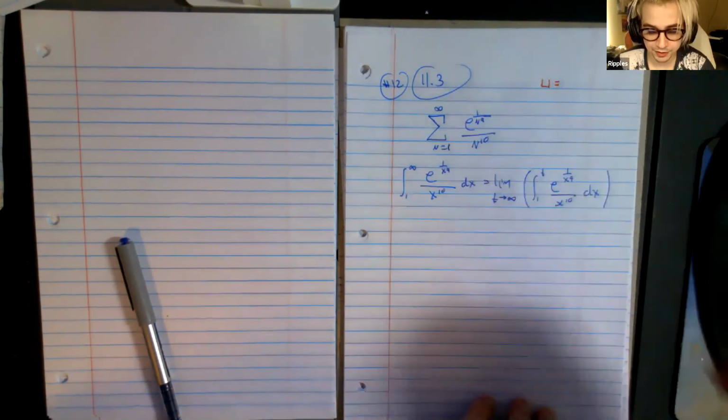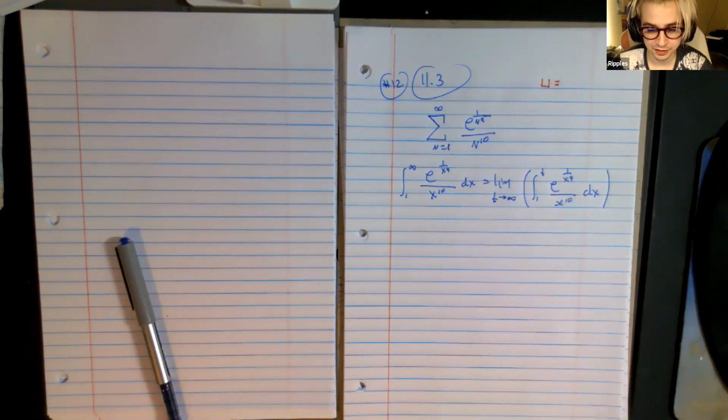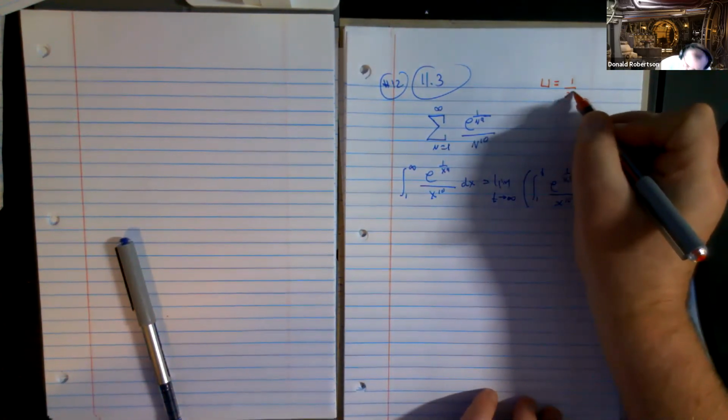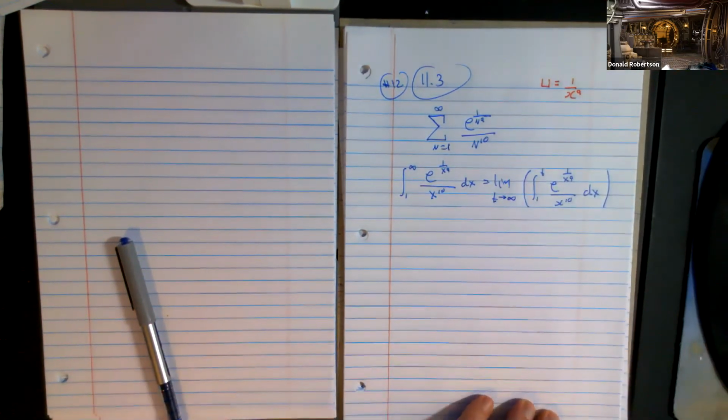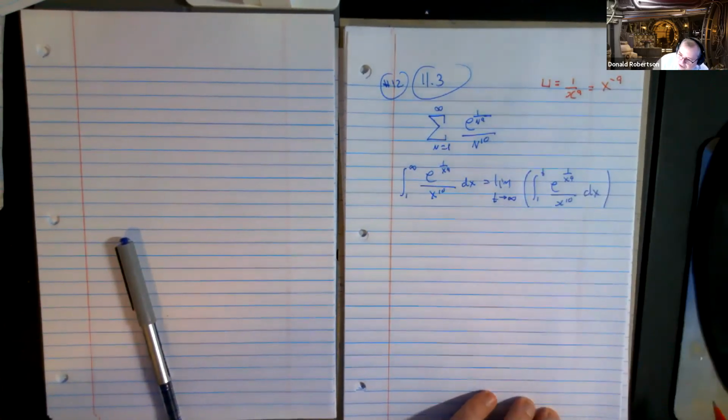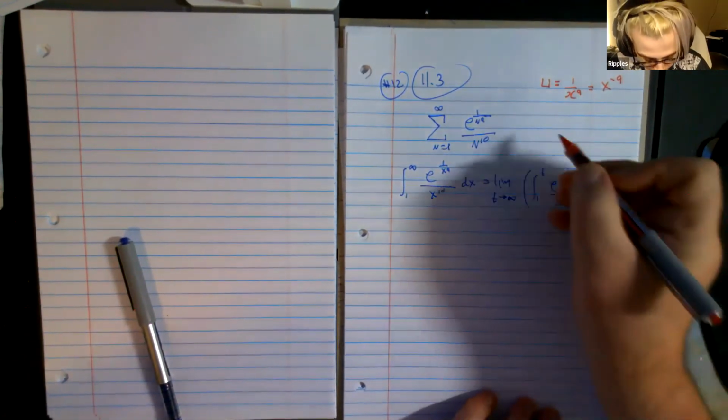I'm gonna say then we go for the next ugliest thing. I'm gonna say 1 over x to the ninth. Correct. That is, in fact, going to be the right one. I'm just going to call it x to the negative 9 to make it easier to differentiate.